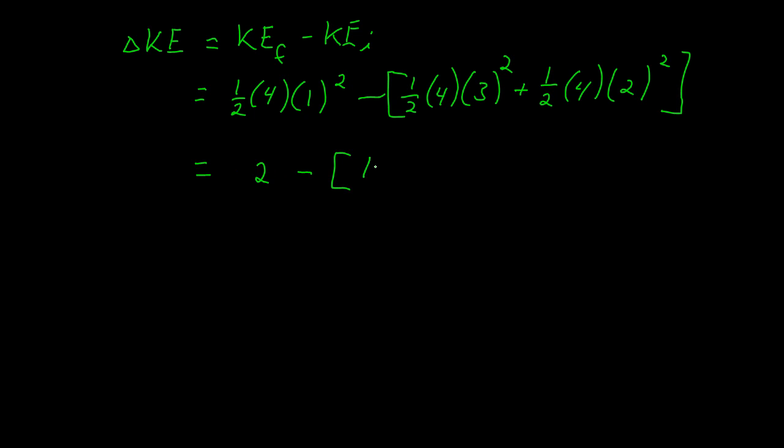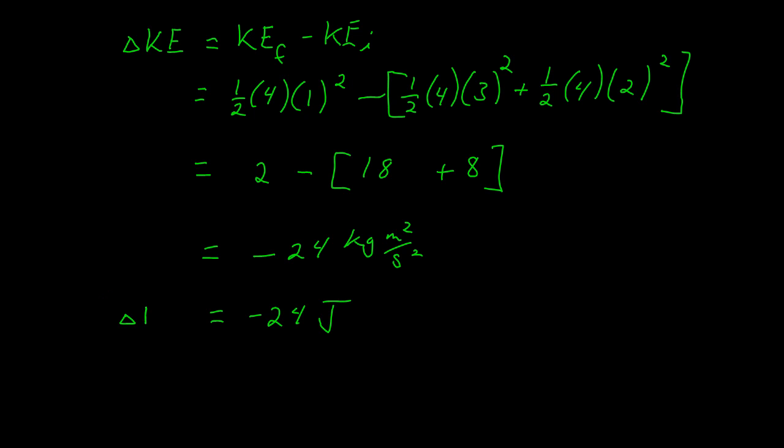I've left them off for convenience. 2 minus 18 minus 8, and I end up with a final kinetic energy change of minus 24. My units would have been kilogram meter squared per second squared, which of course are the same units as joules. So minus 24 joules. That's my changing kinetic energy.